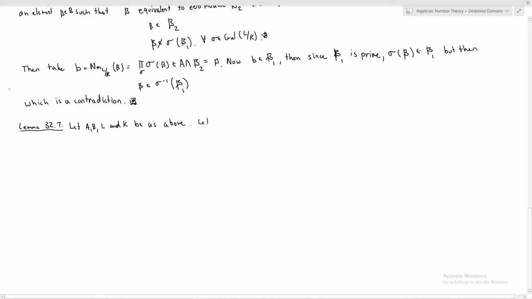So I'm going to let beta be a prime of B over P, a prime of A. I always keep calling these things betas, but really they should be P's.